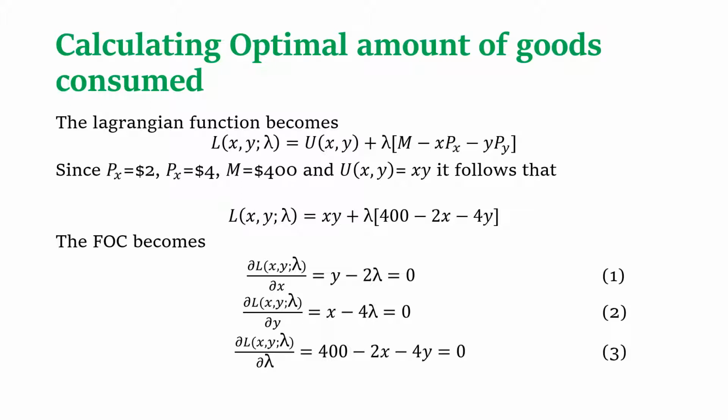So what we do here, we get this composite function, which is this one. It's a composite function in the sense that it embodies both the utility or the objective function and the constraint of the consumer. Remember, the budget constraint is M equals xPx plus yPy, right? But now some of you will say, oh, why do we have a minus sign here?